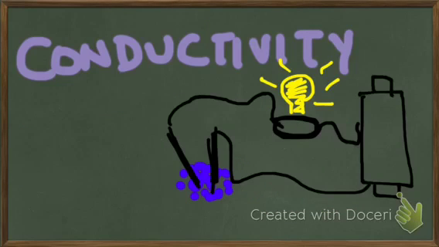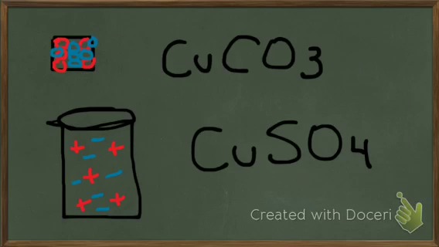Next, we will see conductivity. Conductivity is a material's ability to conduct electric current. So, for example, which compound will have better conductivity?